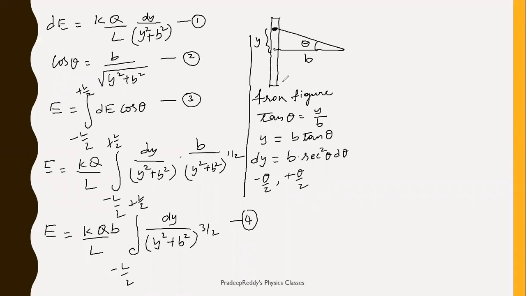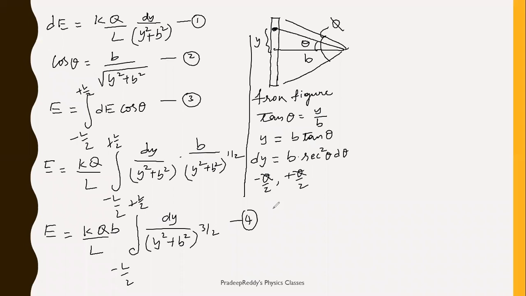So if I consider this total angle, I'll be taking this as pi, then this will be minus pi by 2. Bottom part is minus pi by 2, upper part is plus pi by 2. Now take these all and substitute in this equation.